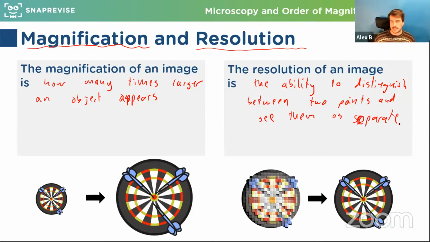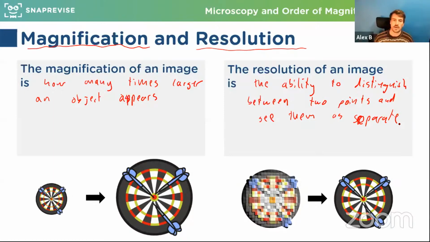And to be honest, it's the resolution that's actually the more important one, because you can magnify something as much as you like. And I'm sure you guys have seen this when, say, you accidentally copy a thumbnail of an image rather than the actual image, which is a very low quality version of it, and you try and magnify it, it's horribly pixelated and you can't really see what's going on. That's because it's got a very low resolution. A thumbnail is just a very small version of the image.